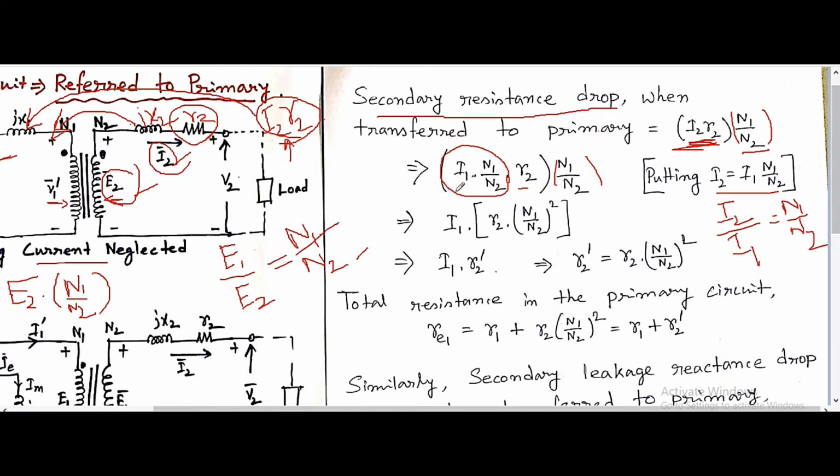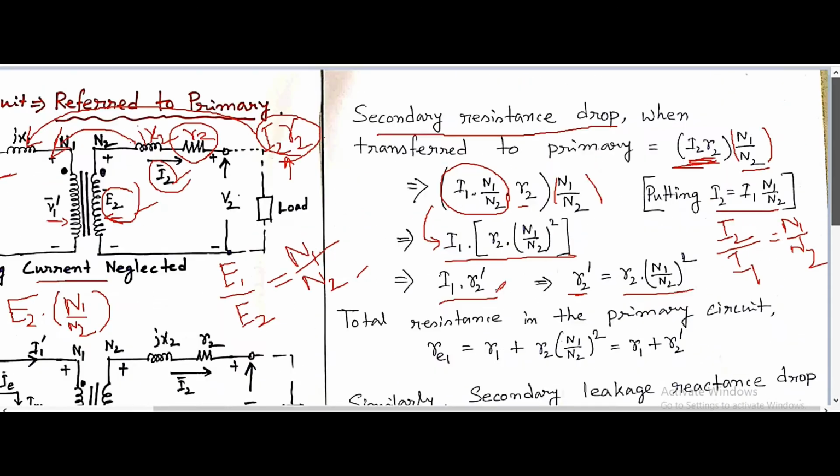After simplifying this equation, we get I1 R2 (N1 by N2) whole square, that is I1 R2 dash. So R2 dash is the new resistance, already transferred to the primary, and its value is R2 into (N1 by N2) square.